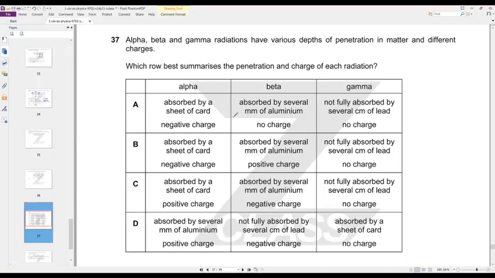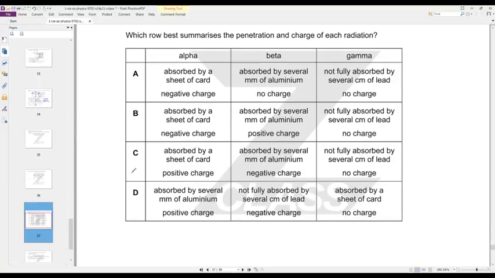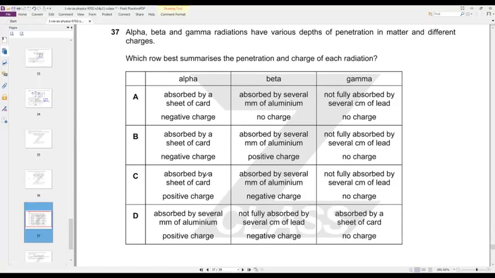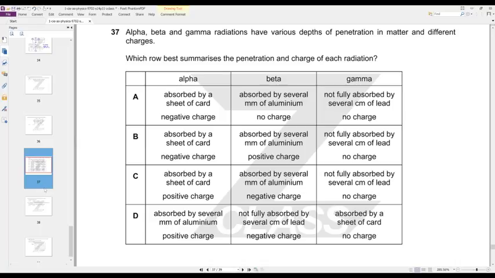This is what absorbs what kind of radiation. So alpha, sheet of card, beta, aluminium, gamma, lead, but beta has a negative charge, alpha is positive. So there we go, C. That's just lots of information packed into one question, learning about the types of radiation.